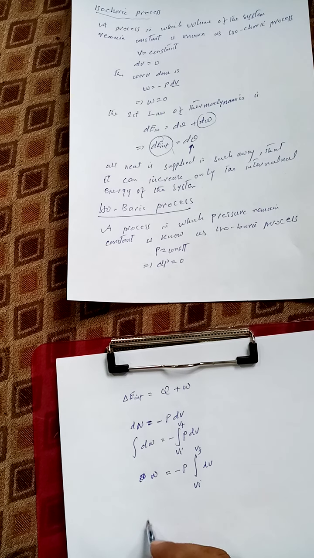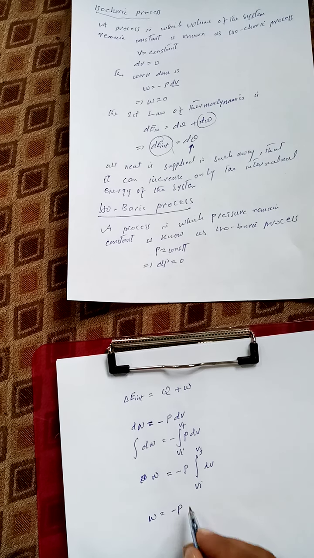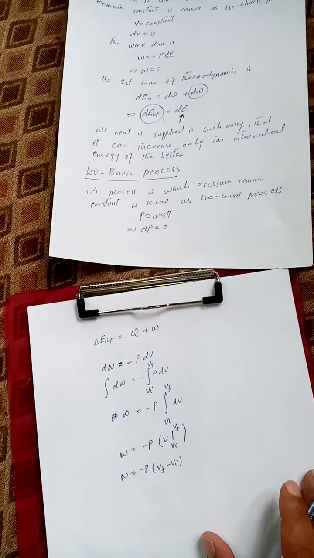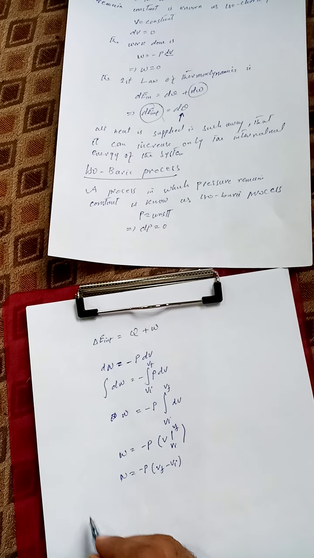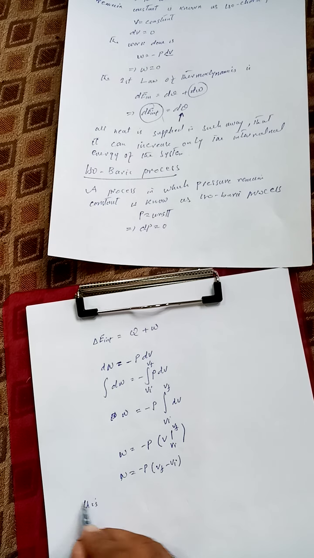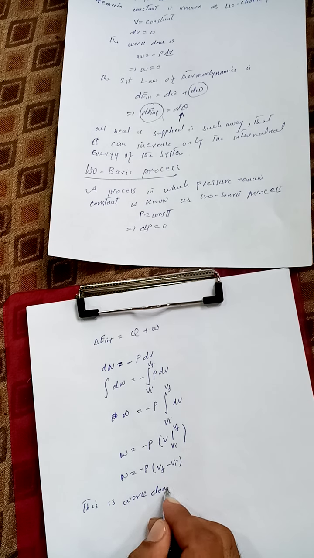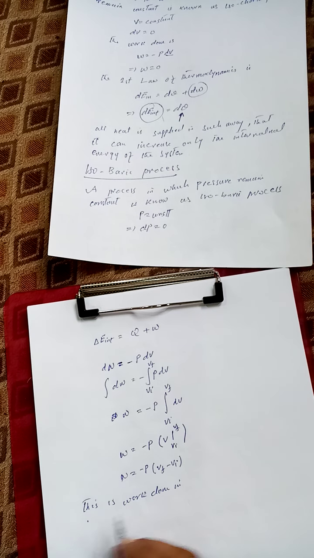Now if we integrate this, the work done will be equal to minus P into V, with limits Vi to Vf. So the work done will be equal to minus P (Vf minus Vi). This is the work done in isobaric process.